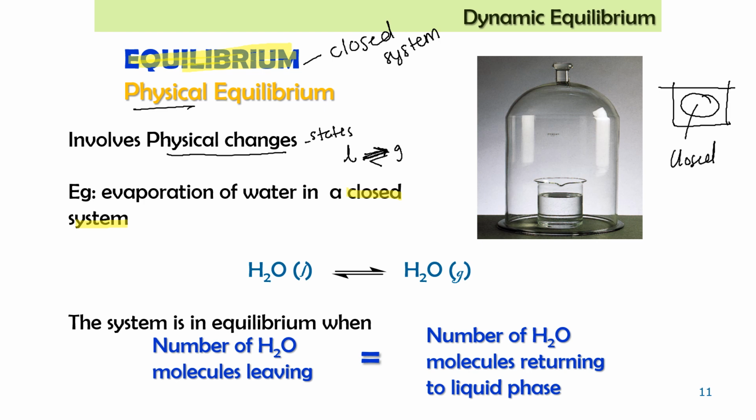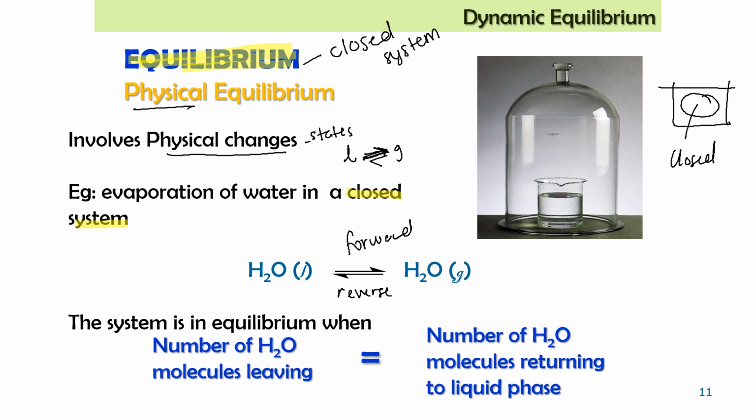Okay, so let's see the equation. H2O in liquid can be converted into H2O as vapor or vice versa. So this is your forward reaction. Forward, liquid converts to vapor or gas, and from gas it can be reversed.